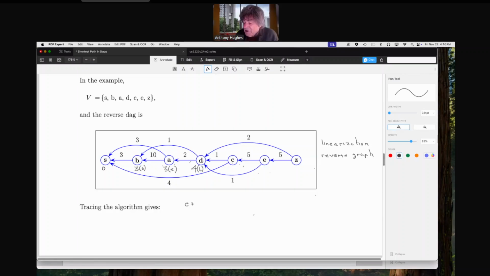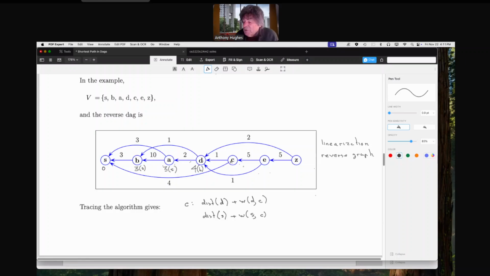We got C now, and C can either go to D or it can go all the way to S. So we got the distance to D plus the weight of D to C, or we got the distance to S plus the weight of S to C.